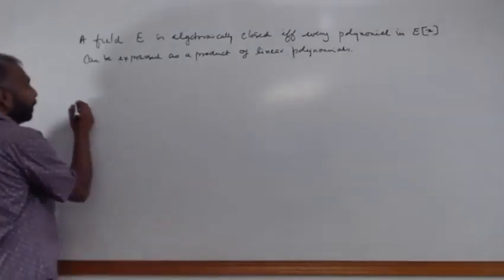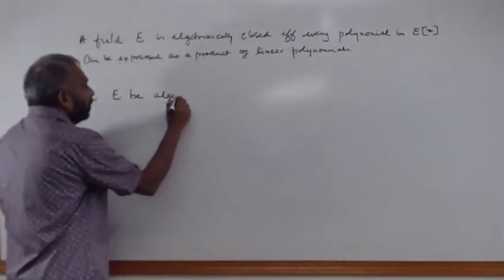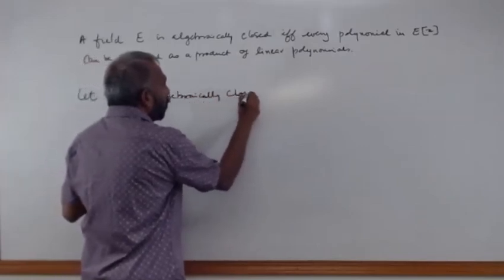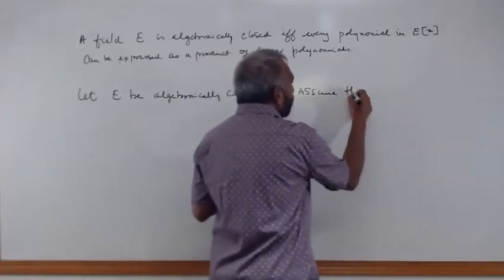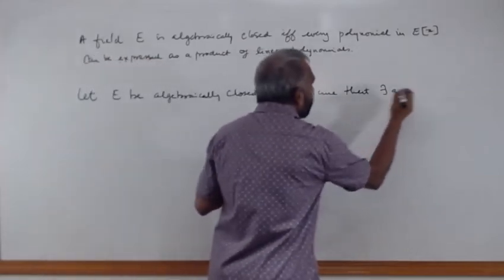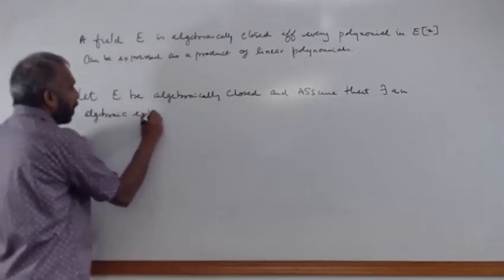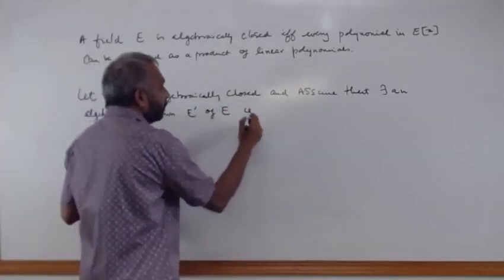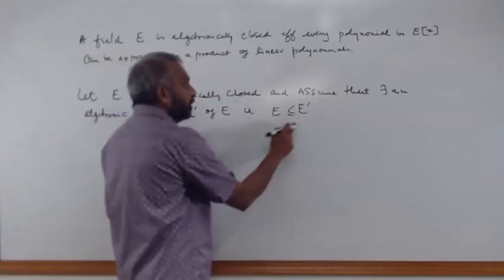Now, let E be algebraically closed and assume that there exists an algebraic extension, say E prime of E. It's an algebraic extension, not the regular extension.